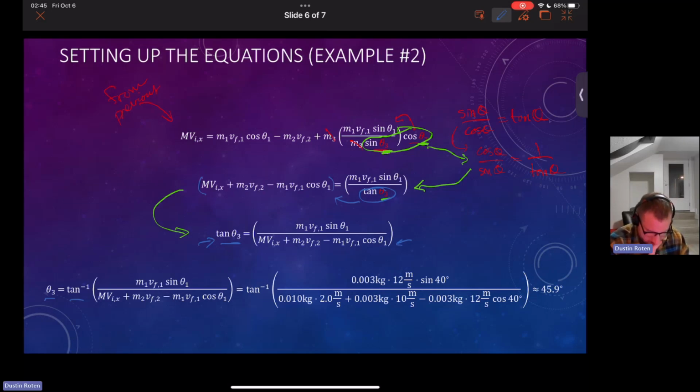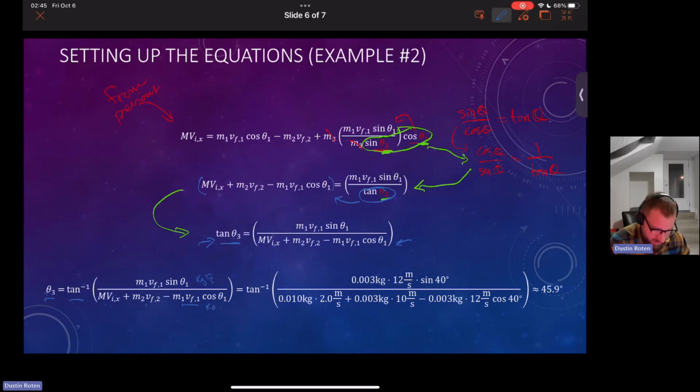And you'll notice, remember, anything inside the inverse tangent needs to have no units. It needs to be unitless. So we have an m v sine theta on top. Remember, sine is unitless, so this is kilogram meters per second. That looks great. So we have a kilogram meter per second, kilogram meter per second, kilogram meter per second.